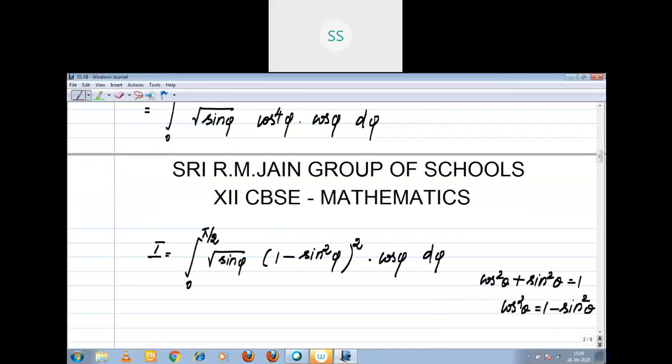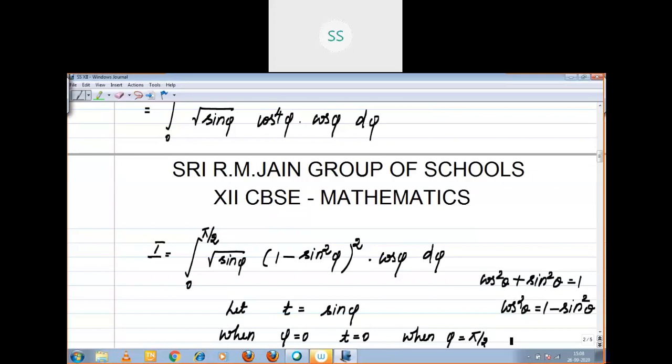Now I am going to adapt substitution. What I am going to take as a substitution, you see, let t is equal to sin phi. Now, when phi is equal to 0, t is equal to 0, when phi equal to pi by 2, t is equal to 1.